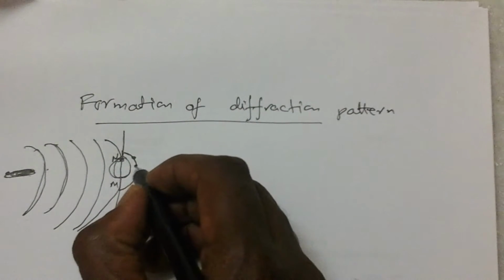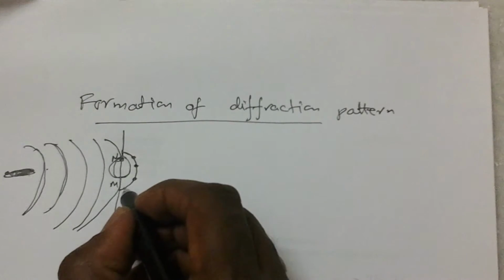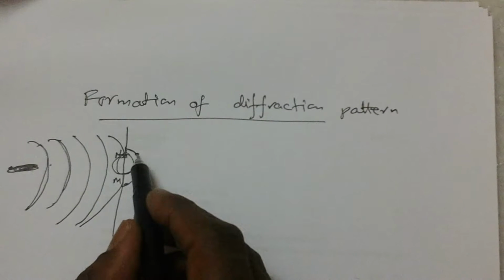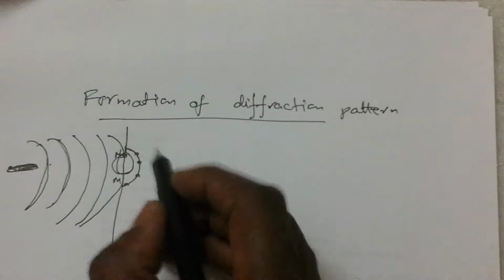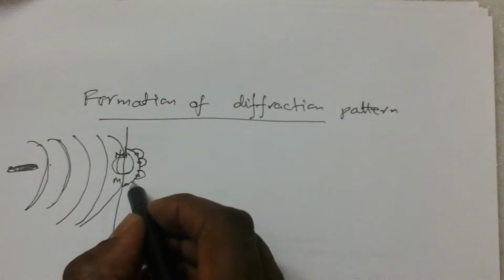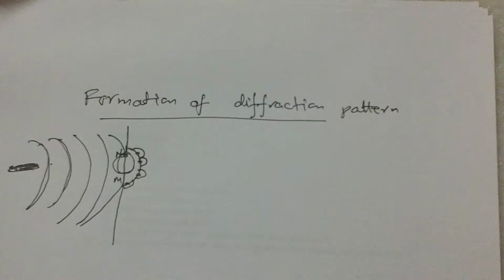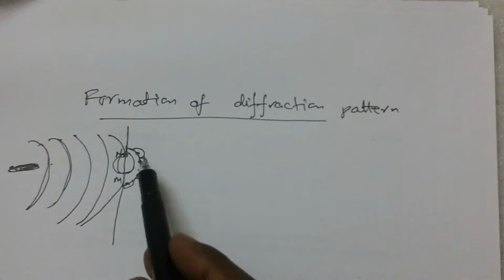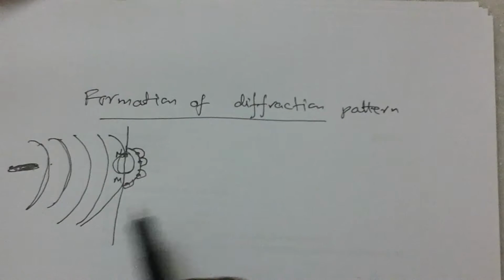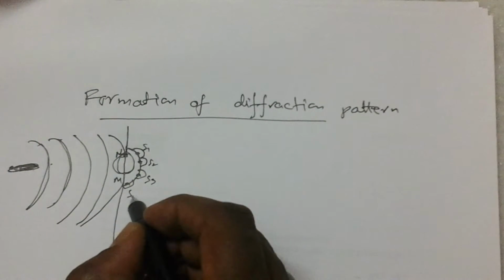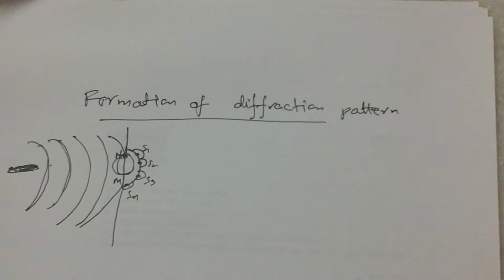On this spherical wavefront, we are having so many points. Each point acts as a secondary source of light like this. So 1, 2, 3, 4, like this so many secondary sources are present. S1, S2, S3, Sn, like this n number of secondary sources are present.